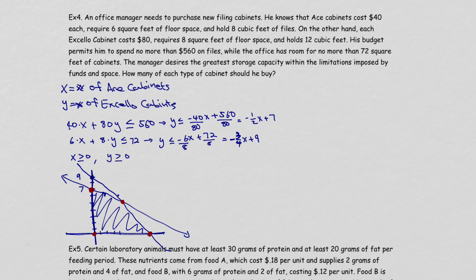Or if you just hand graph, then you actually need to find the intercept of those two lines, like we did in previous problems. So the points that I have are 0, 0, and 12, 0, and then this is 8 and 3, and 0 and 7.